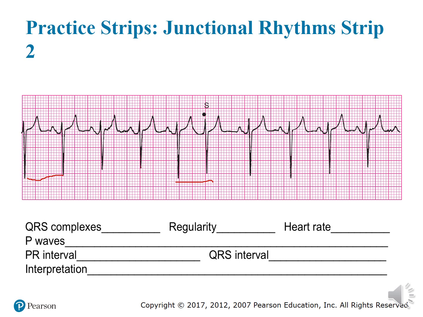If you name the whole interpretation, it'll be okay. But if you just put PJCs, I still won't mark it wrong. I just want to make sure you understand that premature beats are hiccups in a normal beat. So I need you to get in the habit of naming the underlying rhythm. So in this case, the interpretation for this is a sinus tachycardia with a PJC.